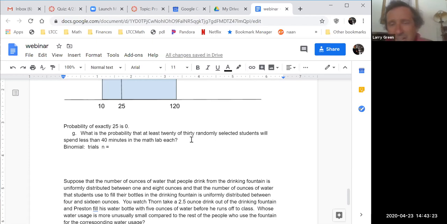This is not a trick question. It's not supposed to be too hard if you read part G. How many trials are there? Yeah, there's 30. We've got 30 people, and that's our n, our number of trials. What's the range?